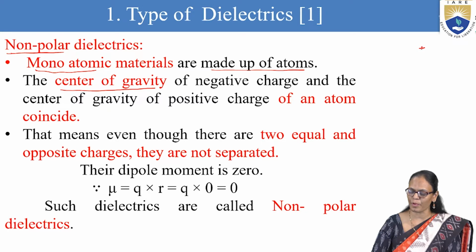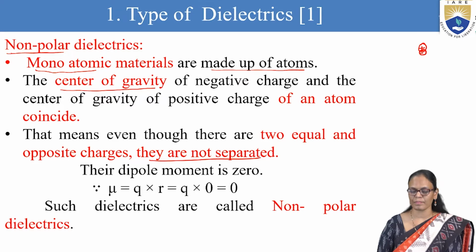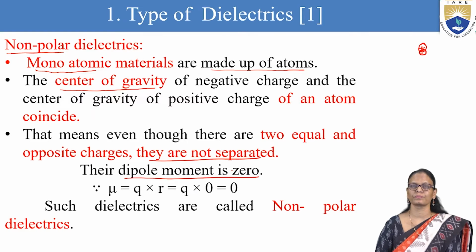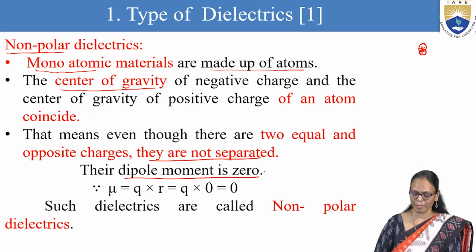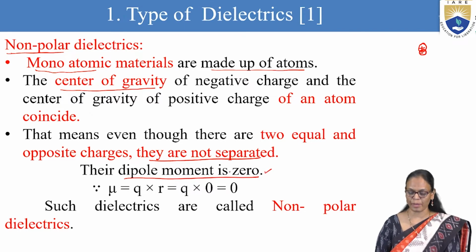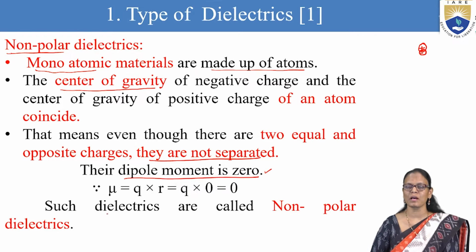So they are not separated. Because they are not separated, the dipole moment will be zero. So for a non-polar dielectric, the dipole moment is zero. Those materials whose dipole moment is zero, we call non-polar dielectrics.